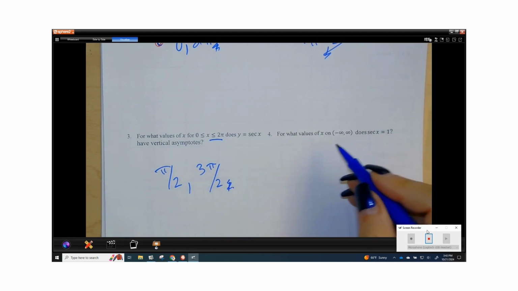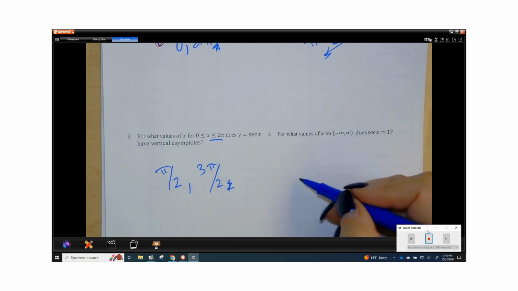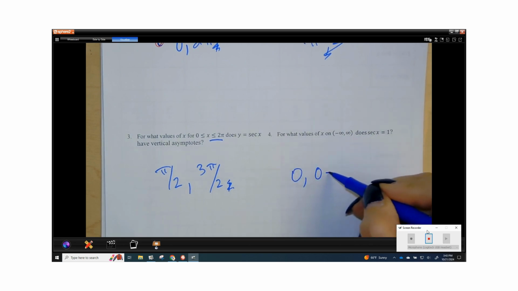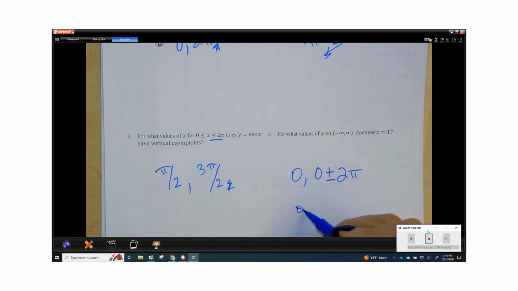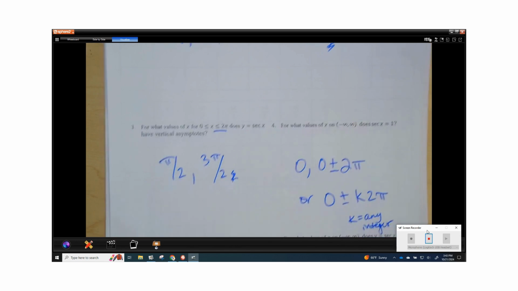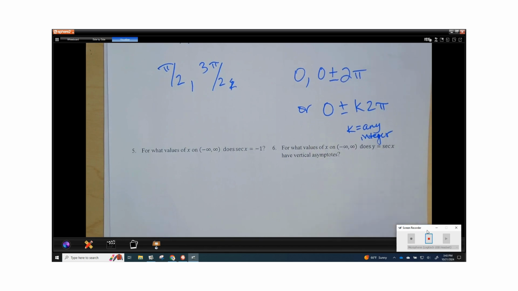Where does it equal 1? From all of it, it equals 1 at 0, and 0 plus or minus 2 pi. Or you could say 0 plus or minus k 2 pi, where k is any integer, positive or negative. And then where does it equal negative 1?